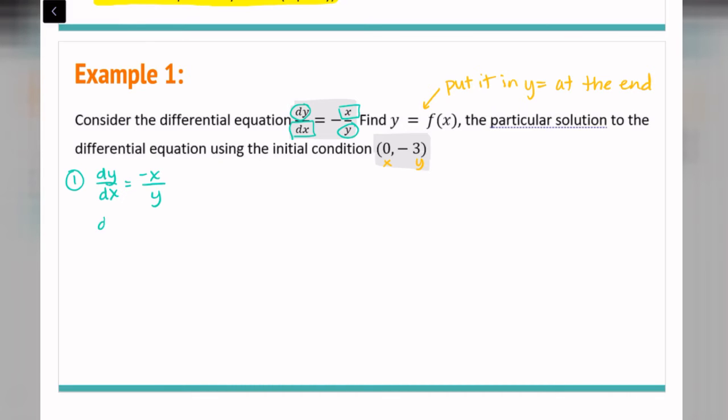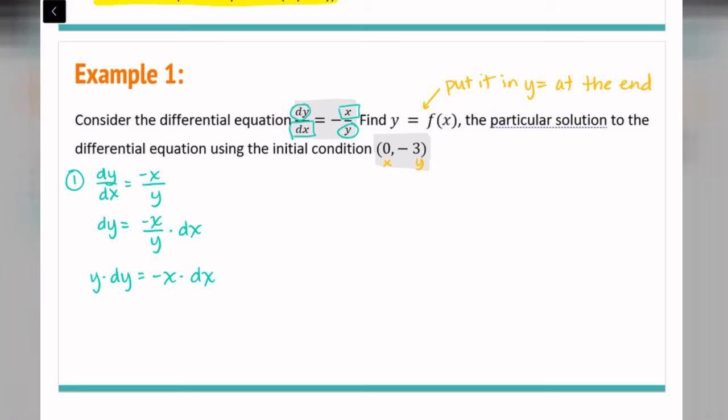That gives me dy is negative x over y times dx. So it canceled out on the left, brought it over to the right. Now the next thing, I've got to get rid of the y and move it over to the other side. Since the y is dividing, I'm going to multiply both sides by y, and I get this.